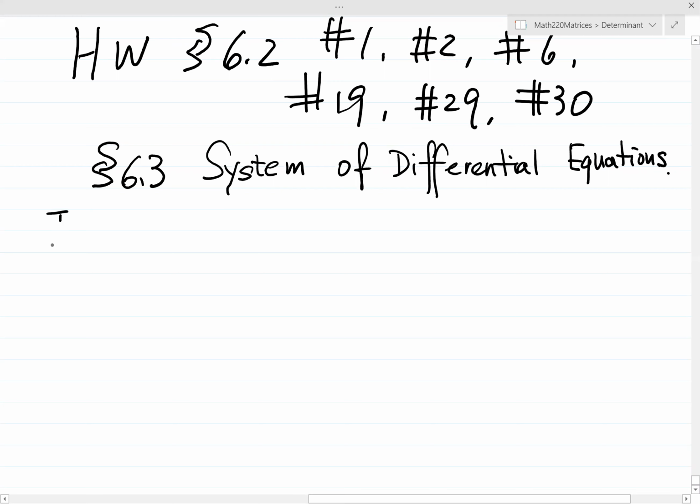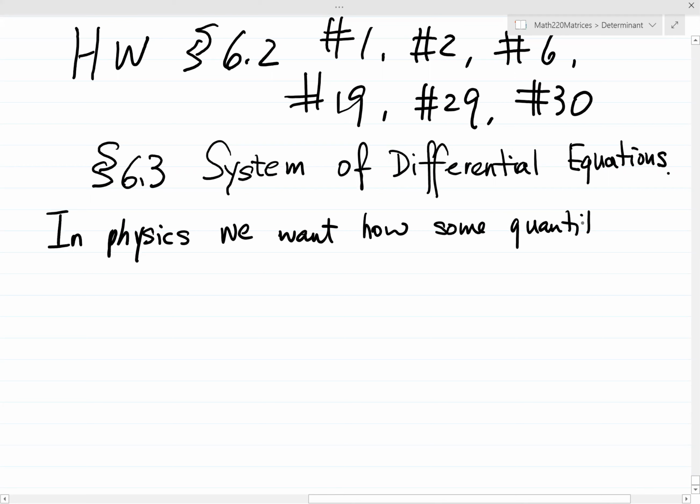So in physics or in some reality, we want to know how some quantity changes with respect to, for instance, time. So we should study the derivative of a certain quantity.